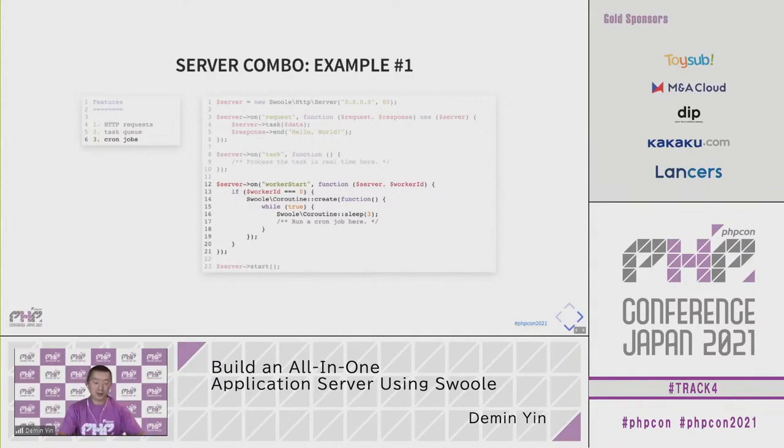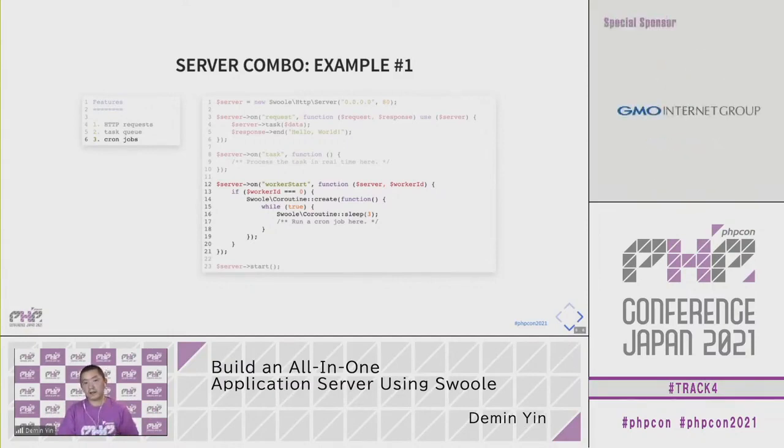This event is triggered when a worker process is started, and from a previous graph, you probably remember that we could have a couple of different worker processes. The code here is saying we are going to add a cron job in the first worker process. We create a new coroutine inside the first worker process, with an infinite loop to run a cron job every 3 seconds.